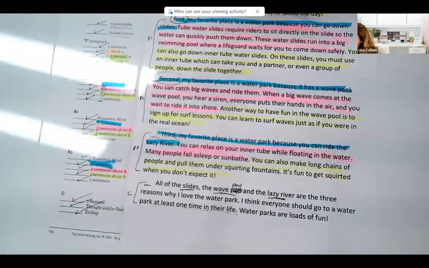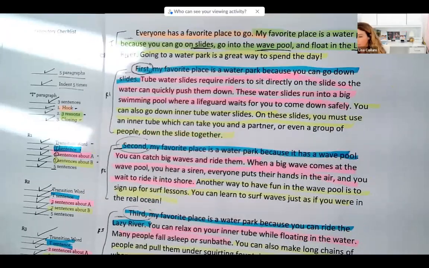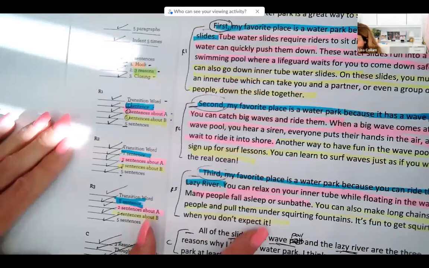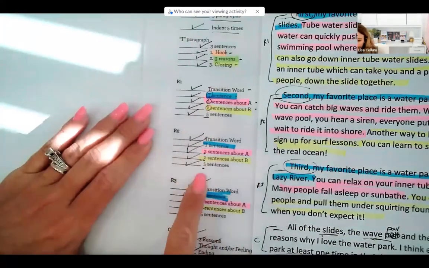Now, if you're like, I'm not sure, I kind of forgot about my introduction or I forgot about middle paragraphs, remember, I recorded all the lessons that I taught to you and you can go back and watch any of them. So this should be your way of checking to make sure you understand all parts of the essay.